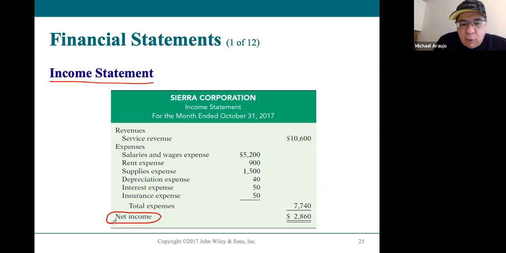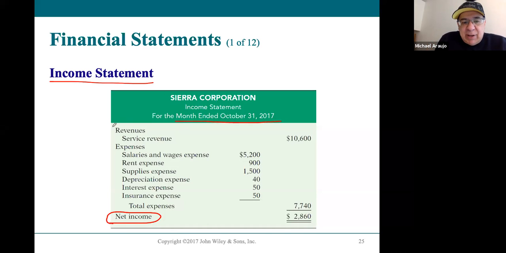Now, again, the formal word for a profit or earnings is net income. Net income basically is a profit for a company. Notice that this particular income statement is for the month of October, right? So that means everything that happened from October 1st to October 31st, 2017 is reflected on this statement.